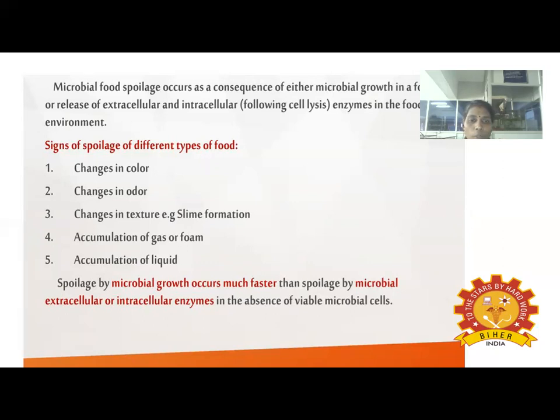Spoilage by microbial growth occurs faster than spoilage by microbial extracellular or intracellular enzymes in the absence of viable microbial cells. The changes are in color, odor, and texture, that is, accumulation of gas and accumulation of liquid.